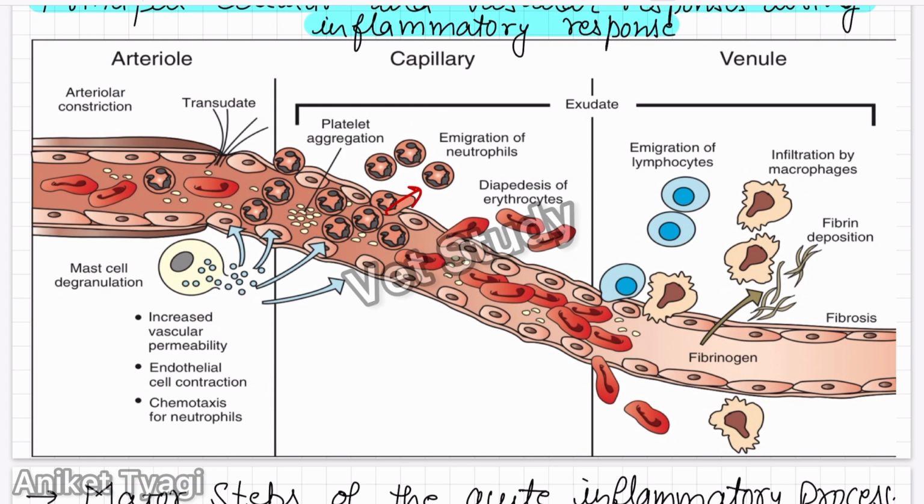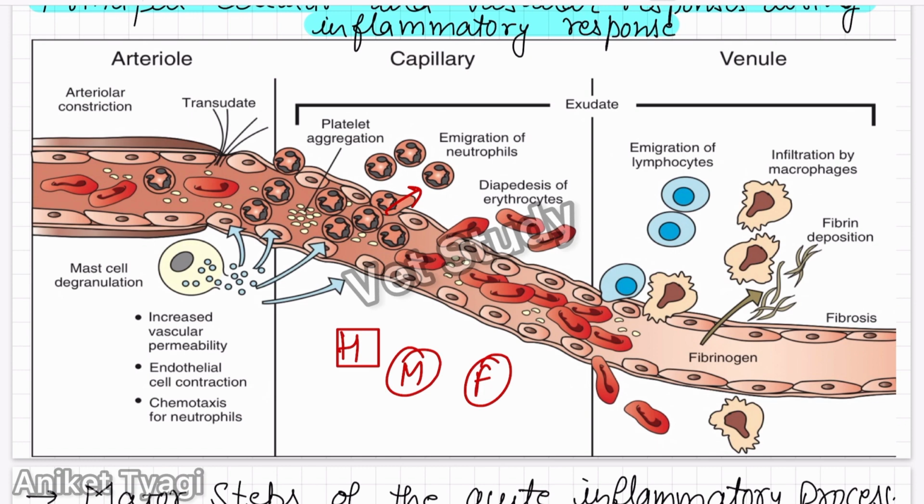They migrate in response to chemoattractant molecules, and these chemoattractant molecules, as we have discussed, come from the host cell, or they may come from the microbes or foreign substances, and some neoplastic cells also secrete these chemoattractants. There will be the greatest concentration of chemoattractant near the microbe or any other foreign substance, right?